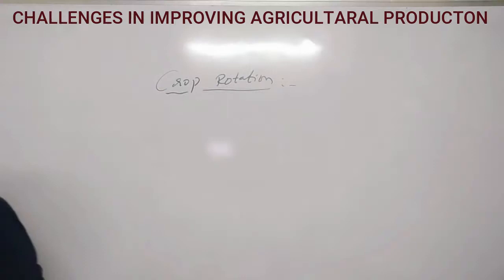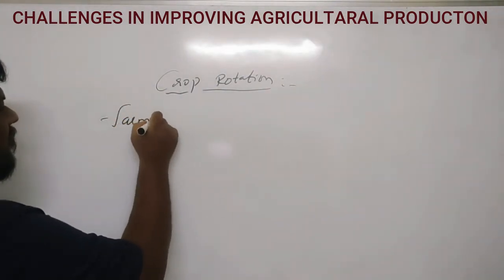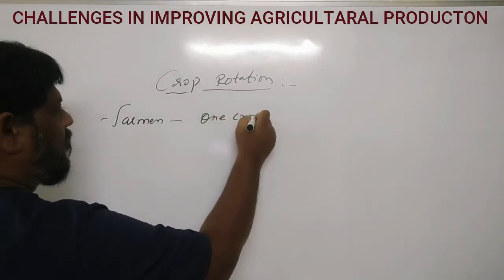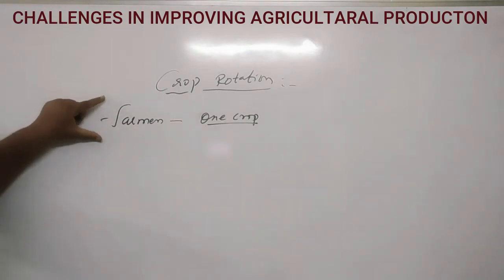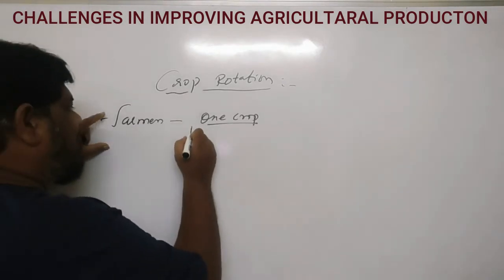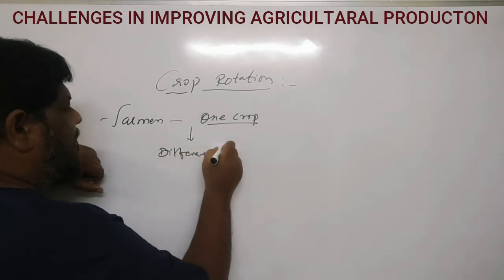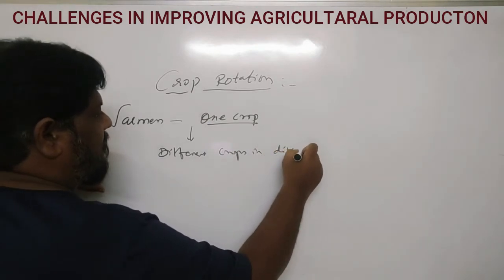Here, farmers basically grow only one crop. This was a very common method in the olden days. They used to grow only one particular crop, completely dependent upon it. But nowadays it's not like that. They are growing different crops in different seasons.